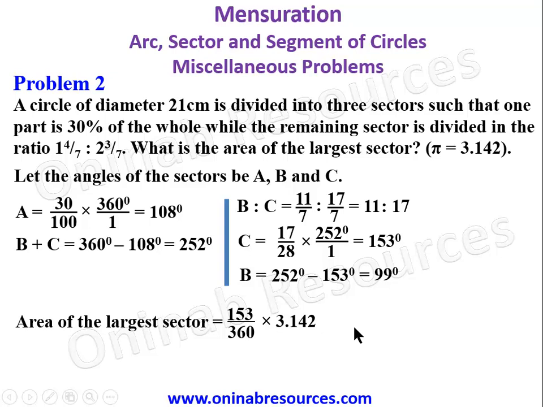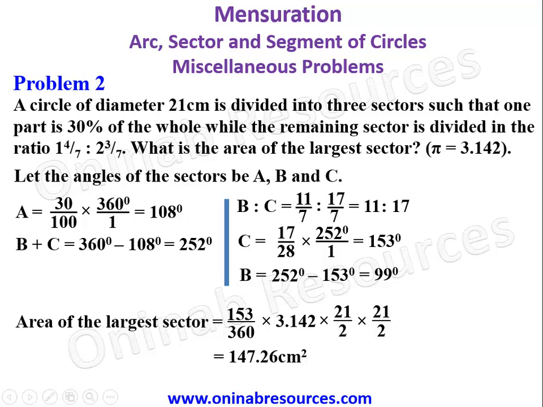So that will give us times 21 over 2 times 21 over 2. So simplifying this from our calculator, we have our answer as 147.26 squared centimeters, which gives the final solution to problem 2.